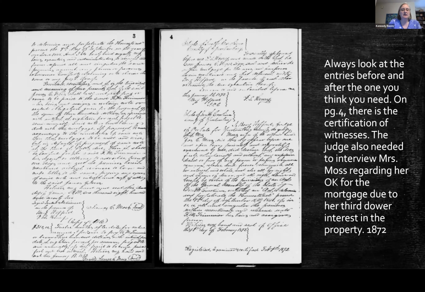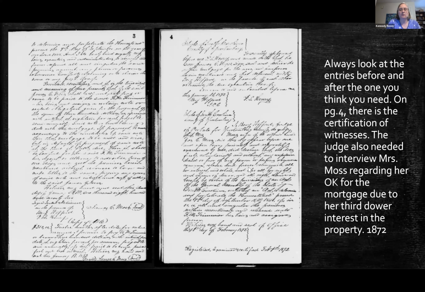And then this says it's a copy of the note that was agreed upon. And then there is a note from Mr. Moss, addenda. And then the witnesses are saying, yep, we saw this transaction happen.